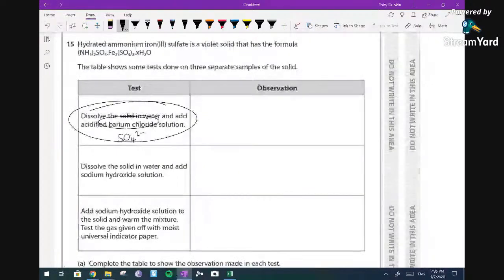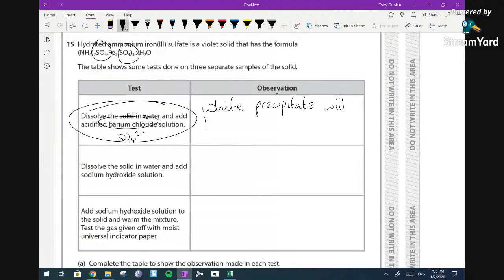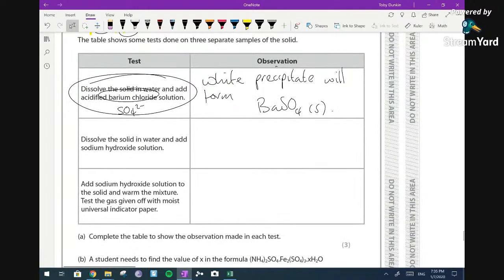Oh my goodness, it's got loads of them. So the observation: a white precipitate will form, of barium sulfate, which is a white solid. That's because it contains sulfate ions, and we are testing for sulfates with barium chloride.